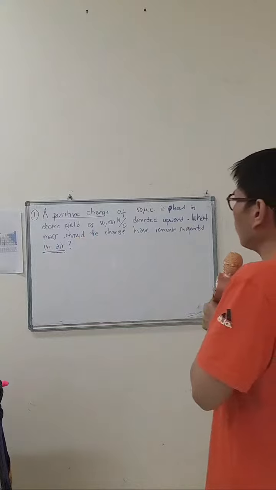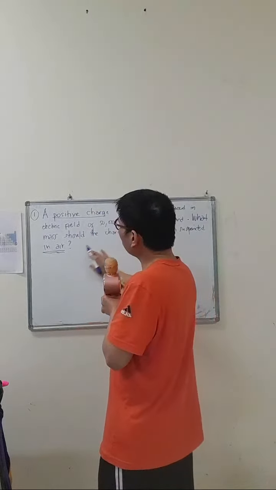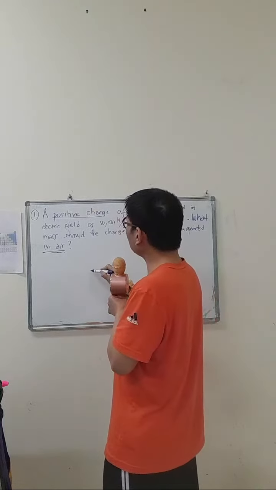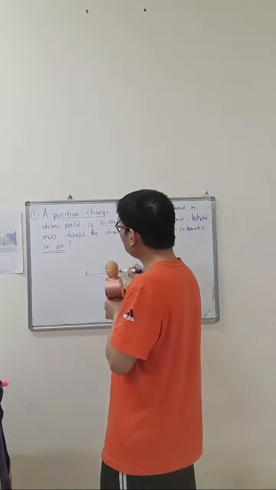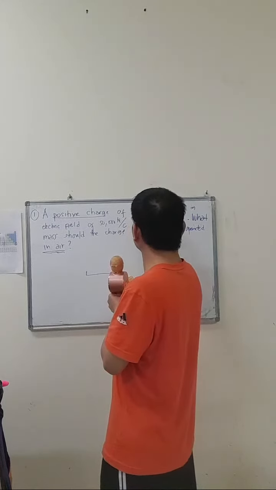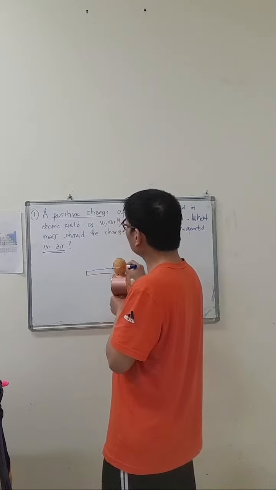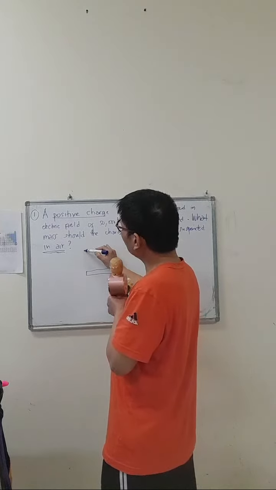So, you need to illustrate, right? For example, this one. So, this is our material. Okay? So, it is placed in an electric field. Ganon. Okay, here. So, like this.